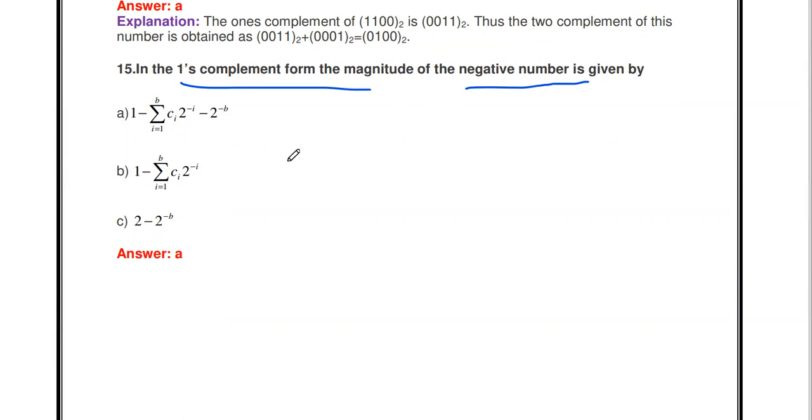The magnitude of a negative number is calculated by 1 minus summation i equal to 1 to b of c_i 2 to the power minus i, minus 2 to the power minus b, where b is the number of bits used to represent that particular number. This is the formula to calculate the magnitude of a negative number in 1's complement form. Review this formula.